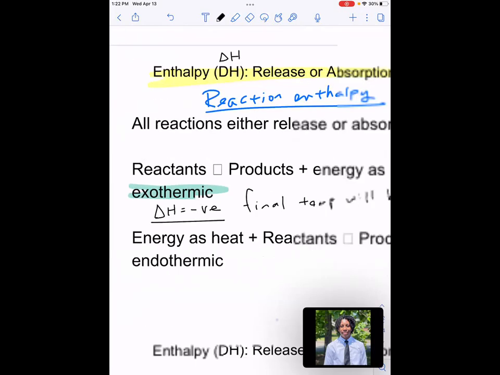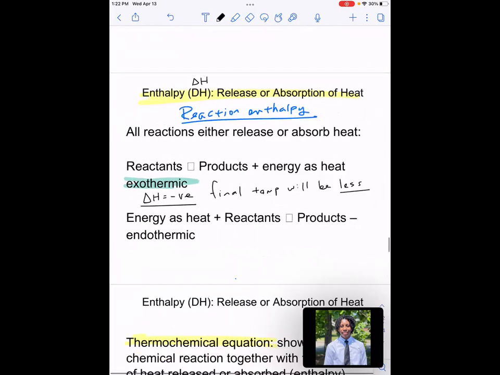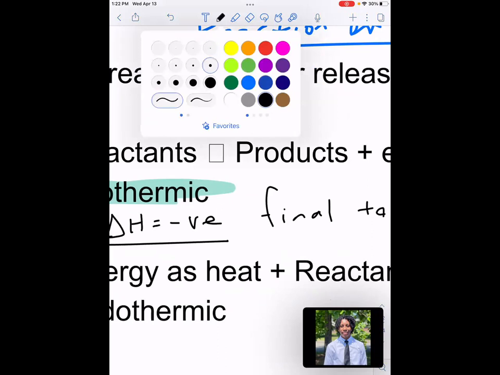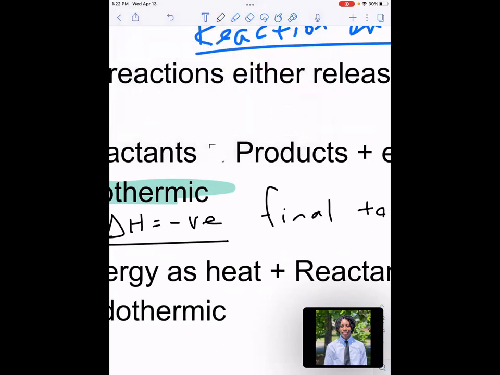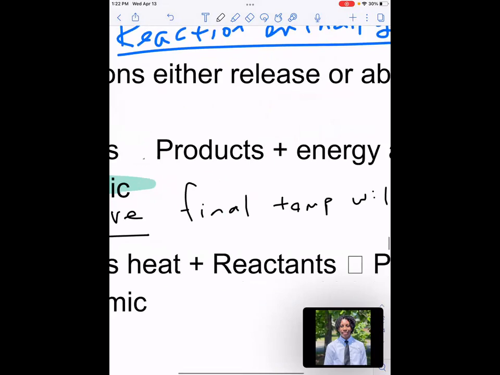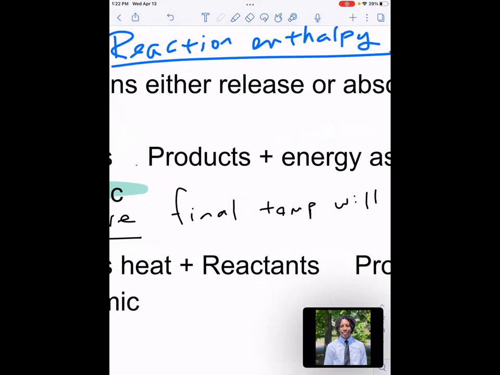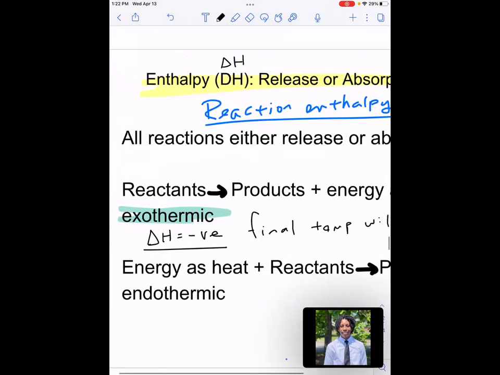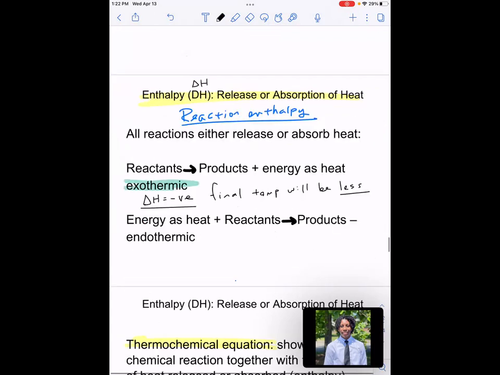Right? Same thing for going from reactants to products, but you absorb energy, or you absorb heat.